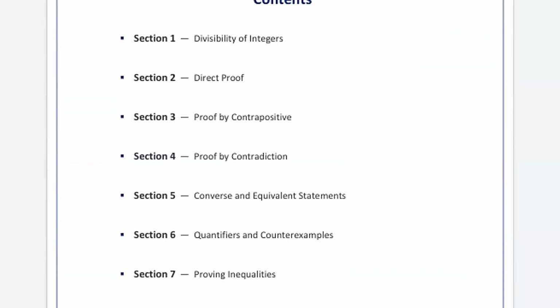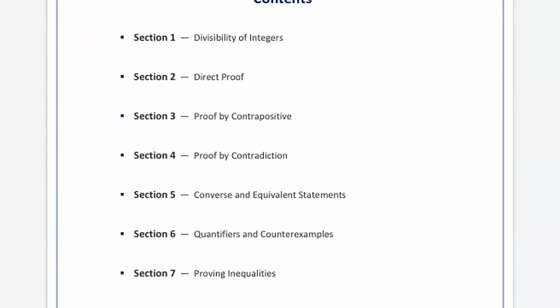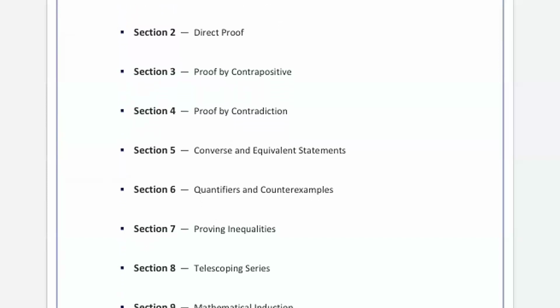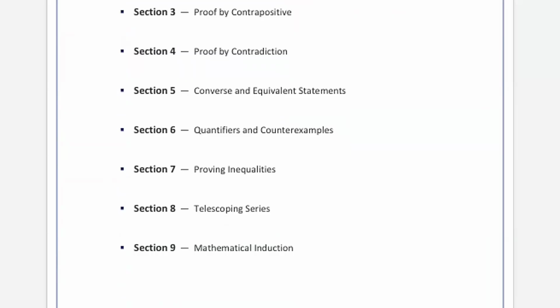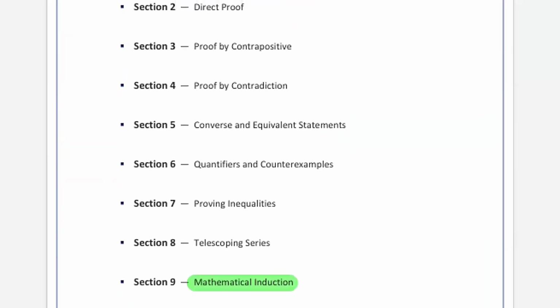So divisibility of integers, that is important. Direct proof, proof by contrapositive, contradiction, converse, and counterexamples, inequalities, telescopic series, and mathematical induction. I'll tell you, the most important thing you are going to get is this, right?